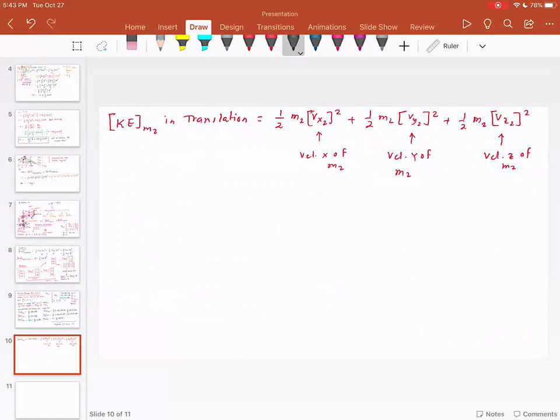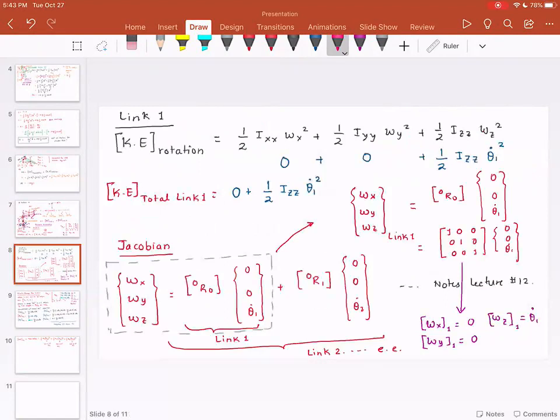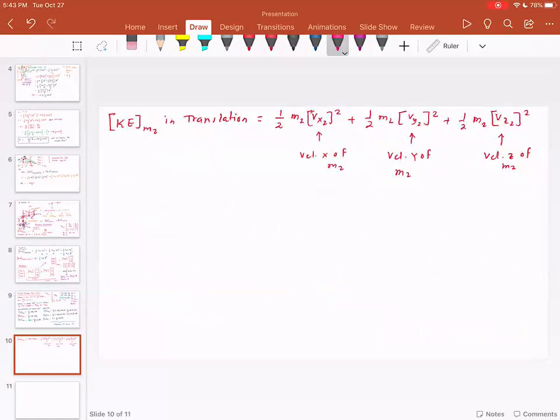We still need to find the kinetic energy in rotation. Kinetic energy in rotation comes from the equation of the Jacobian. For this, you will use the entire Jacobian expression. In other words, you will have omega x, omega y, omega z equal to 0 r 0, 0 0 theta 1 dot plus 0 r1, 0 0 theta 2 dot.